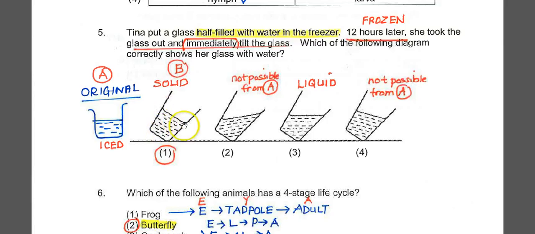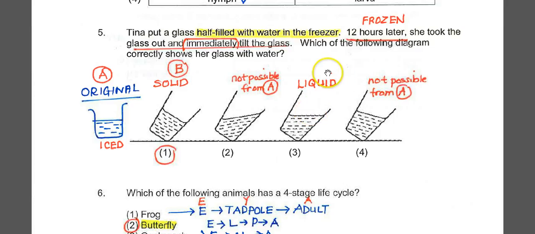It will not change its direction or the water level, the shape of the water inside. So it remains, it has a definite shape. This is not possible from A. It means once you take out from the refrigerator, this will not happen, nor this.